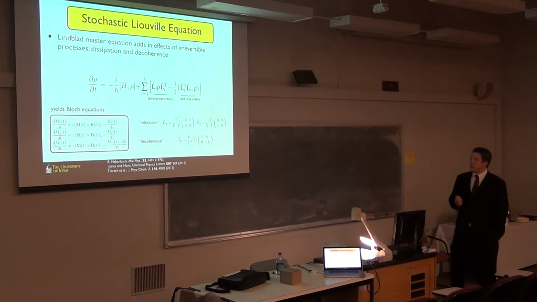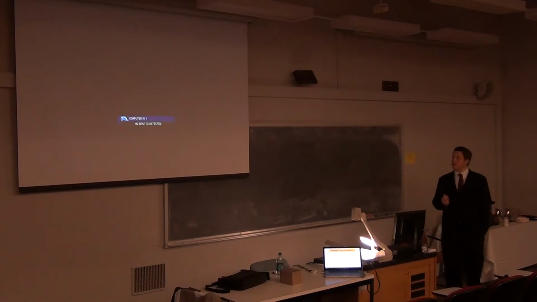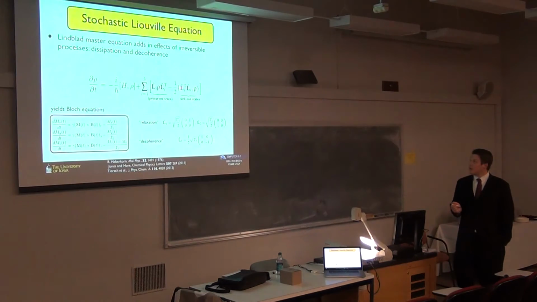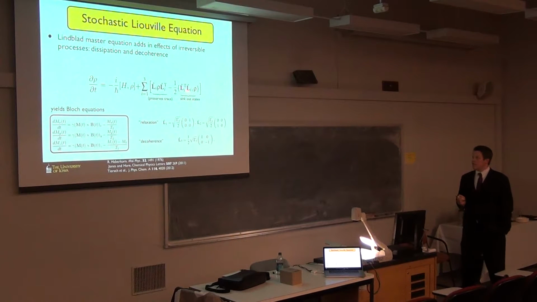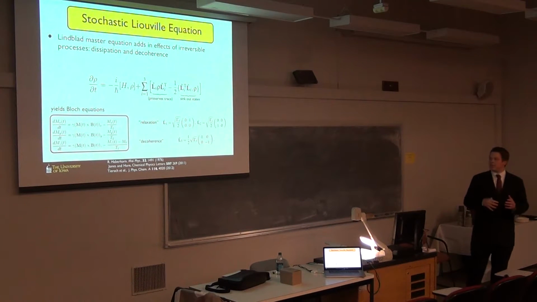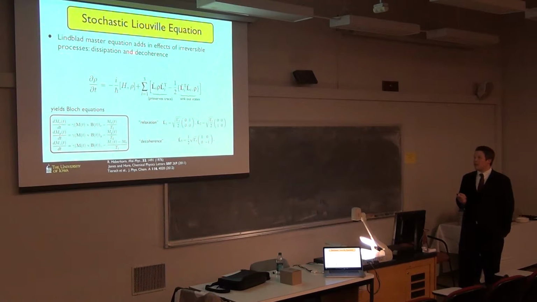And the way to do that is through something called the Lindblad equation. So here's our old coherent part. And then we're going to add in this Lindbladian part, which is composed of several different operators. But essentially what it's doing is you're sinking out certain states. This is actually preserving the trace of the density matrix. But you're sinking out states and putting them in different states. You're sort of mixing it up. And you can think about that as decoherence and dissipation.